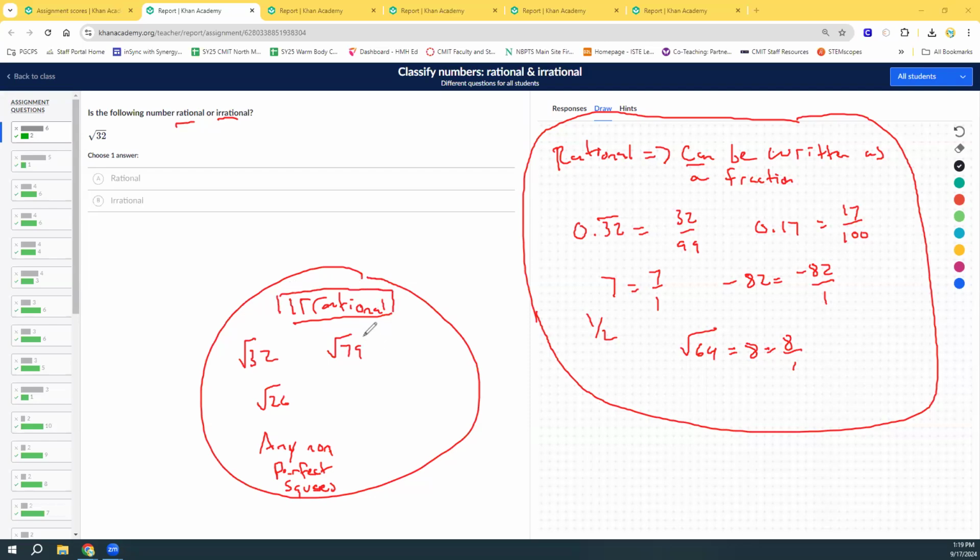But then there's some other ways you can get into this irrational circle if that's where you want to be. It could be connected to a pi, like pi is the number 3.14159, it goes on forever with no pattern. So pi is irrational, but also 3 pi.